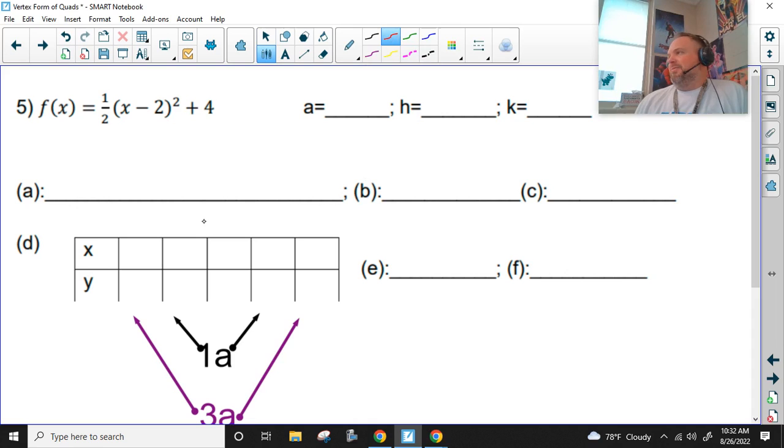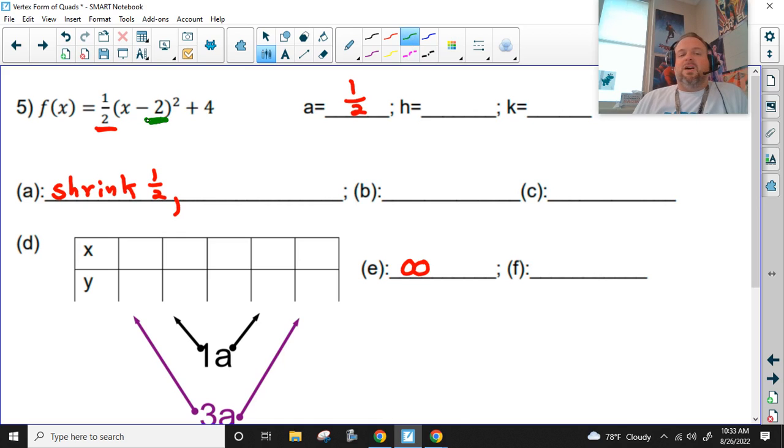Here we go. Number 5. We got a fraction. It's okay. What is A? 1/2. We know it's positive, so our max is infinity. And because this is a fraction, this would be a shrink or compress, whatever. Shrink is easier, right? Less words. 1/2. And yes, if you write it as a decimal, I know what 0.5 is.